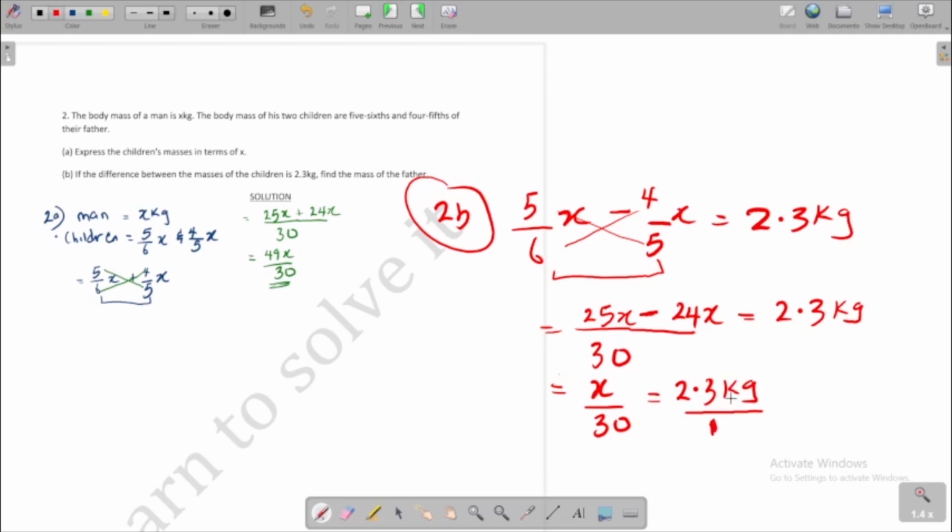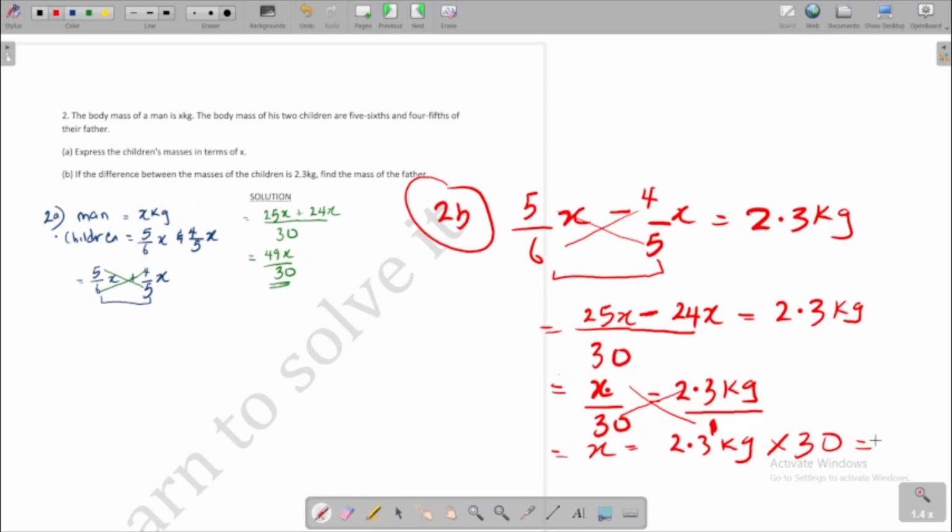So from here, to solve for that, we cross multiply. That is x times 1 that you have here, and 30 times 2.3 kg. So you have x is equal to 2.3 kg times 30.